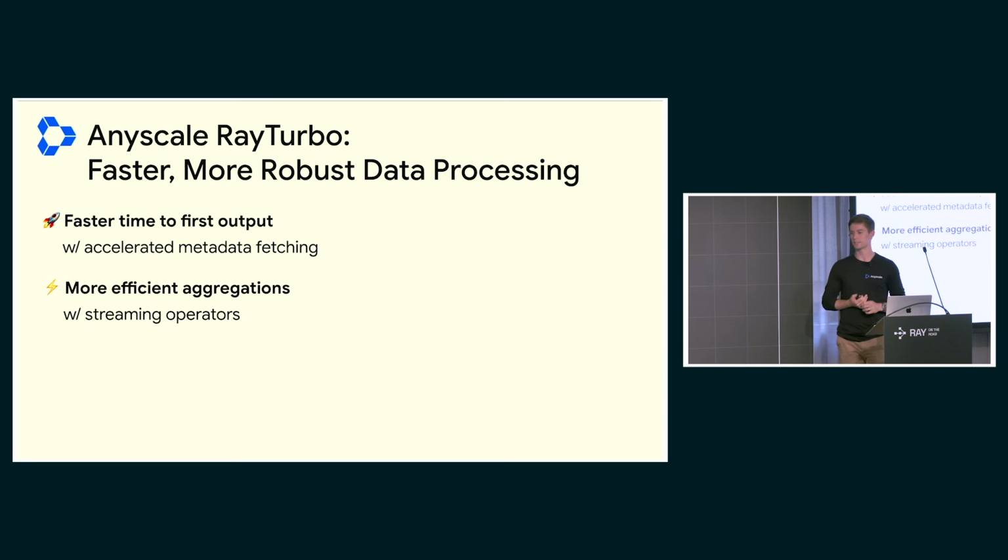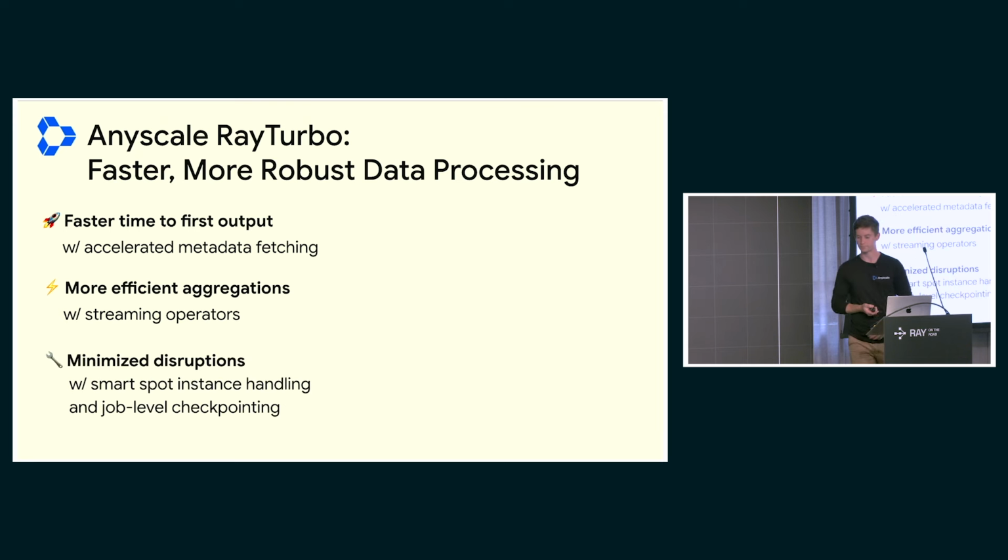For aggregations, which are often used for pre-processing or featurization for training ingest, or the same operations before performing inference on data inputs, these are made even more efficient in RayTurbo by implementing streaming operators out of the box.